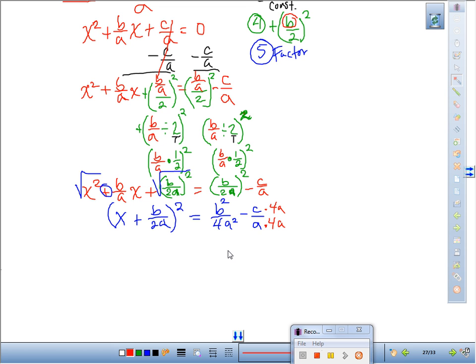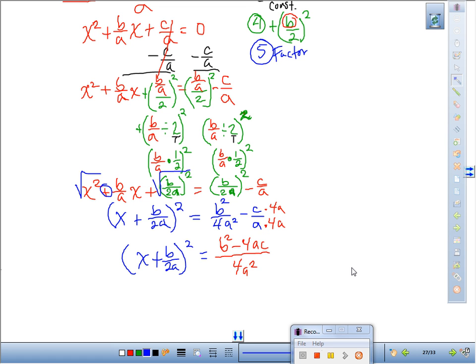So check this out. Now we can write it as 1 fraction. What would be my denominator? 4a squared. Is that correct? Yes. What do we have in the numerator? b squared minus 4ac. And I bring down the equal sign, and I bring down the parentheses, x plus b/2a squared.